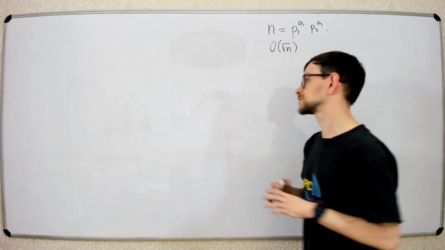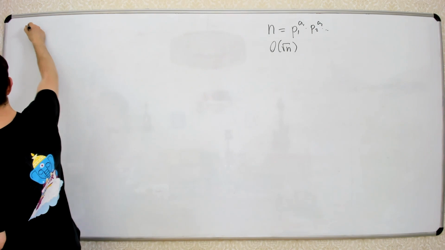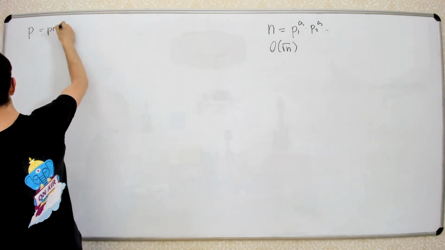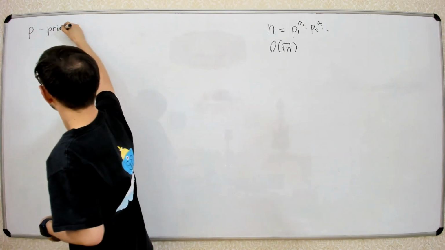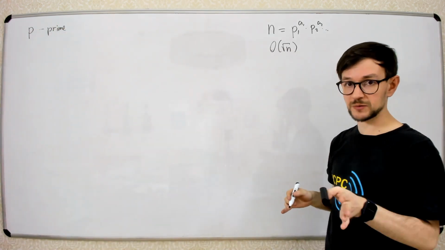Now, let's talk about generators. Let's take some prime number p. What is a generator? A generator is a very simple thing.